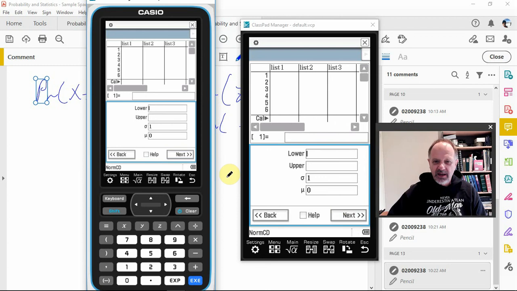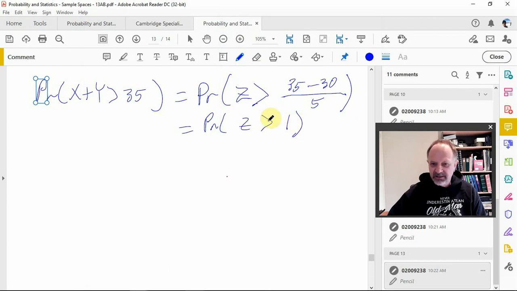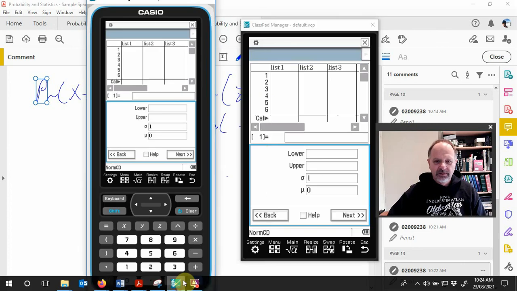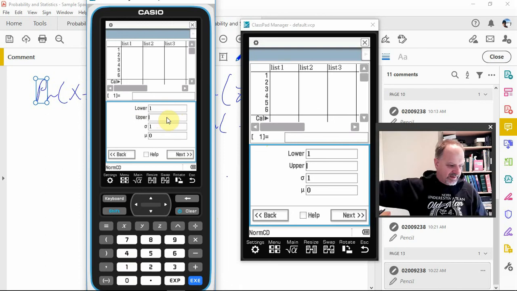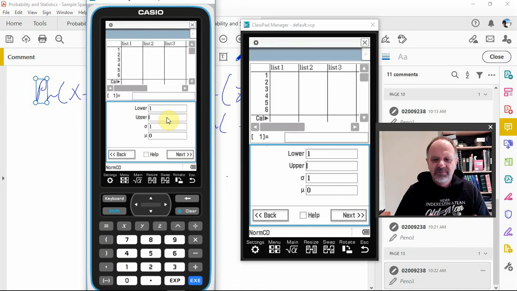Lower limit. What's our lower limit? Because we've got z greater than 1, that's our lower limit, is 1. So lower limit, 1. Upper limit. All right, where do we end up? Up there somewhere. So this number that we're going to put in here is kind of a nominal number. It doesn't really matter what you do, but it just needs to be big.